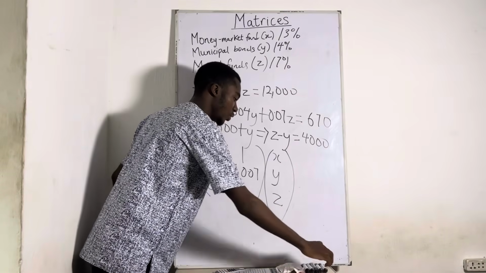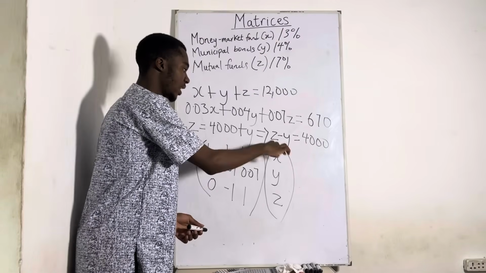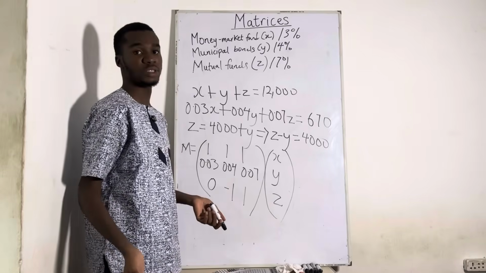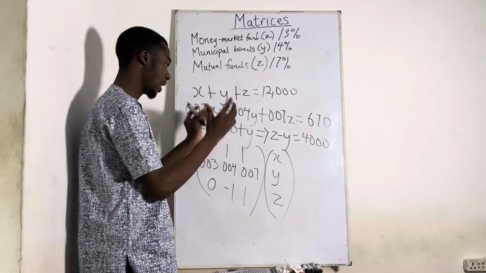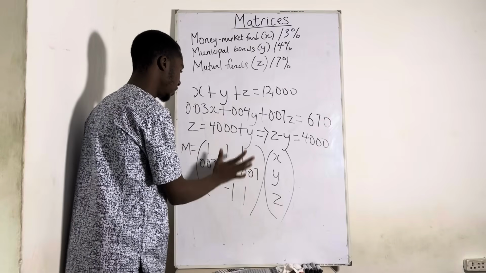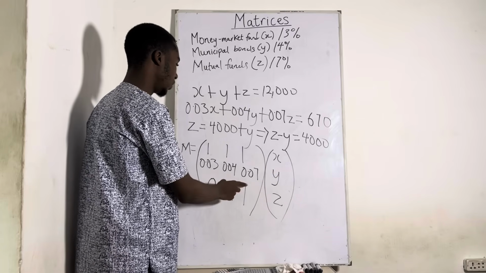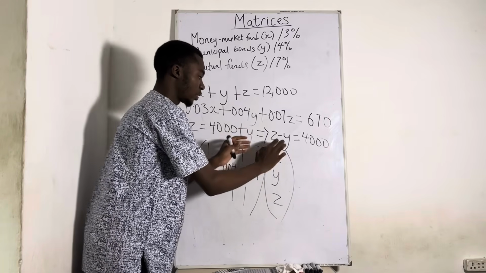You might decide to use a, b, c, so your X will become a, b, c. The first letter comes first, the second letter comes second, and the third letter is the last one. So now X, Y, Z is our X. So we've got our MX. This is our M, which is a 3 by 3 matrix: 1, 1, 1, 0.03, 0.04, 0.07, then 0, negative 1, 1. And X, Y, Z is our X.